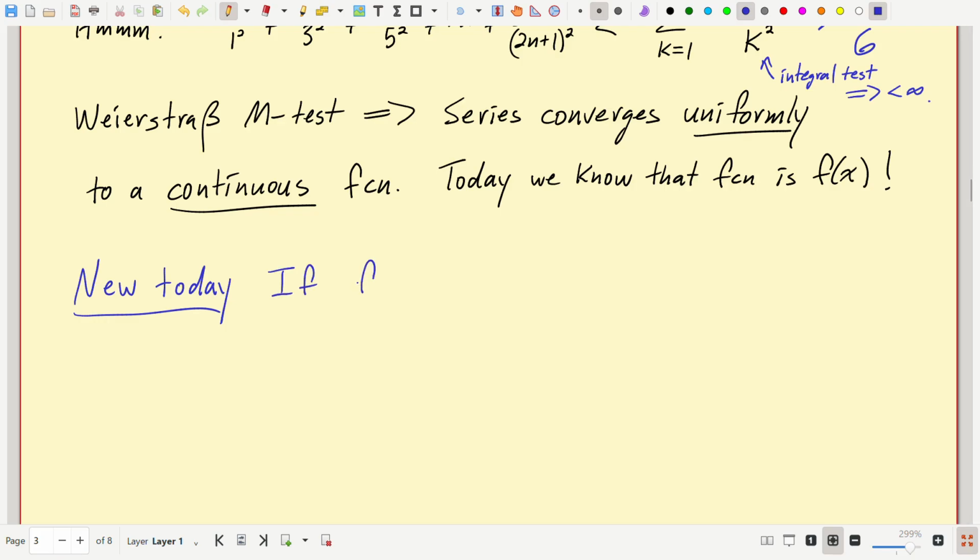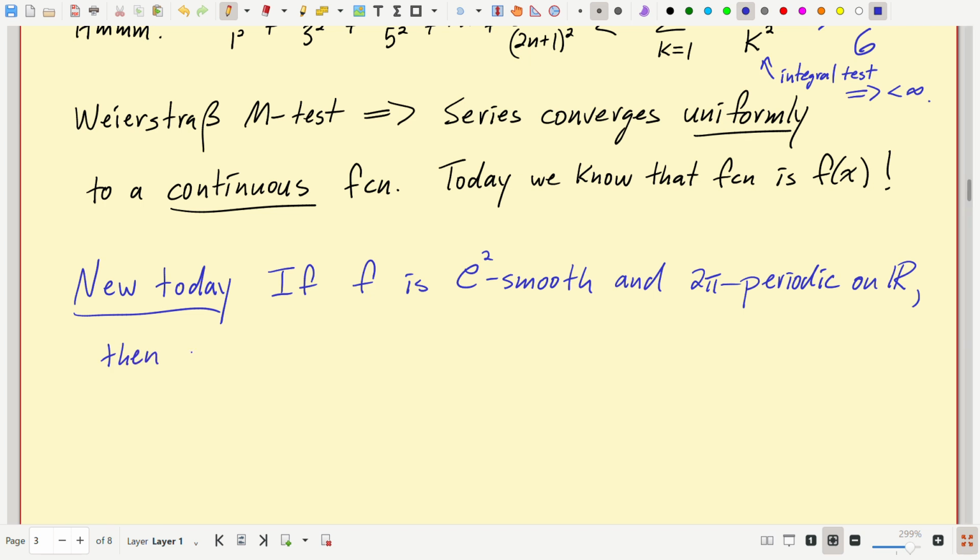If f is C2 smooth, meaning twice continuously differentiable, and 2 pi periodic on R, then the series converges uniformly to f. And it's just like this harpsichord problem thing.